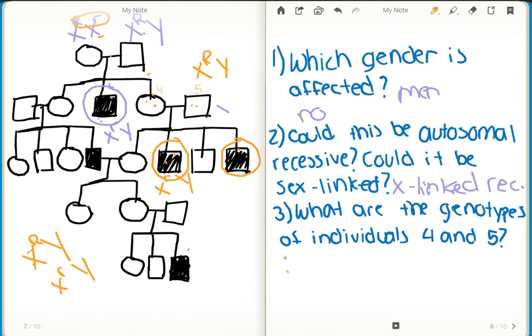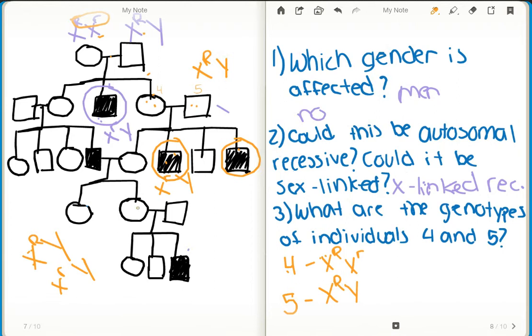So we know that the genotype of individual 4 is this, and individual 5, as he does not have the trait, is like this.